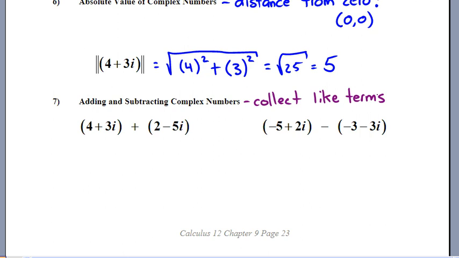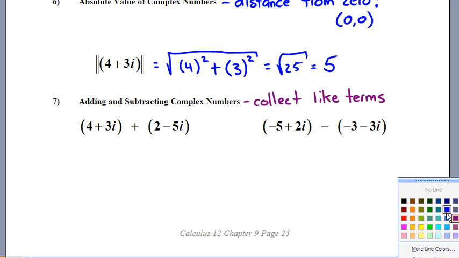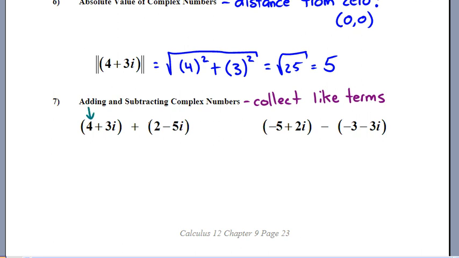Do it by subtracting if it's a subtracting question. So when it's time to do this, I would look at the 4 and the 2 for this first one and say, okay, both of those items there are the real parts. They go left and right in that complex plane. I'm going to just simply add them up.